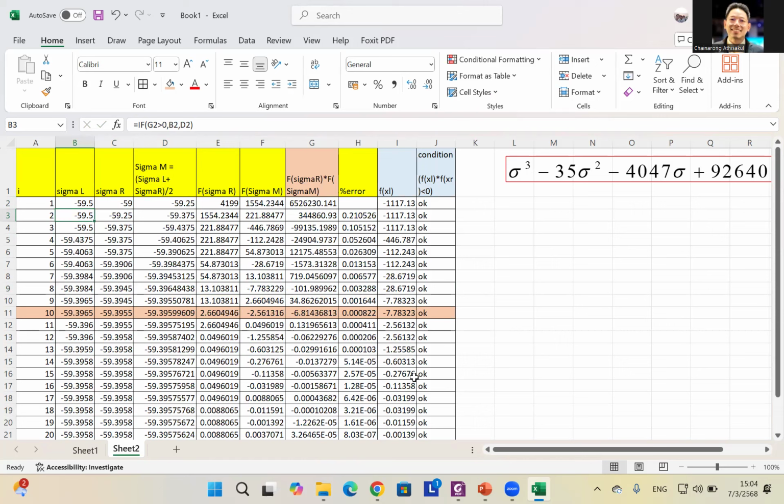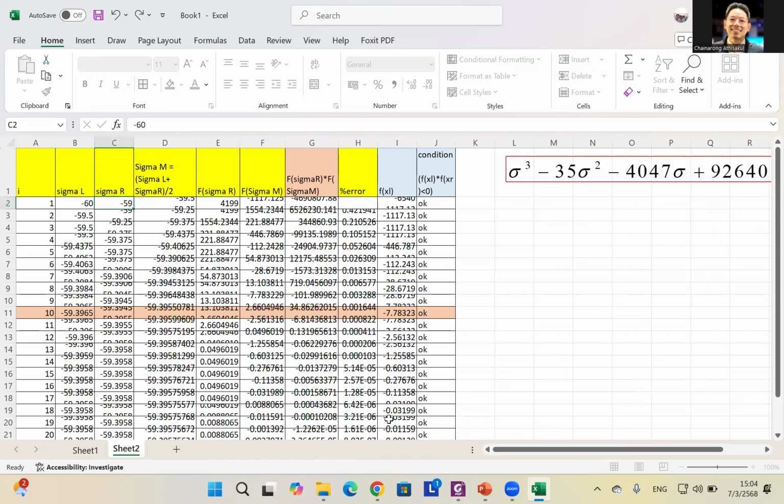If we do something to set up the criteria, but actually it's okay for the first one, set up like this.